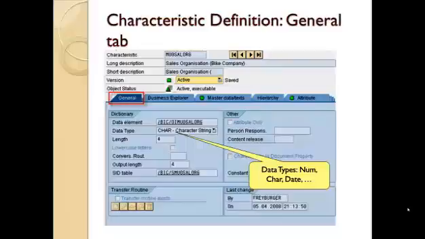In fact, those are the only two fields that are required. Okay, all the other fields are optional. And then below data type and length, you see there is a conversion routine, which we'll talk more about on the next few slides.